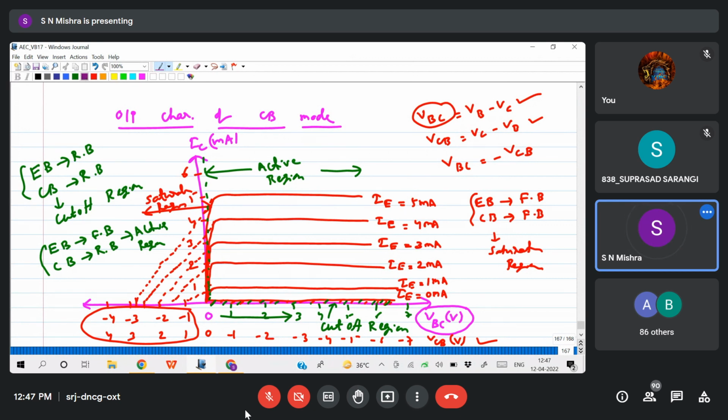So see, suppose the transistor is operating in the active region. That means the emitter base junction is forward biased and the collector base junction is reverse biased. And I will increase this voltage, up to what figure I have shown, up to 6.5 volt. Now if I move this way by increasing the VCB, 7, 8, 9, 10, 11, 12, that means I am increasing the VCB, the reverse bias voltage.